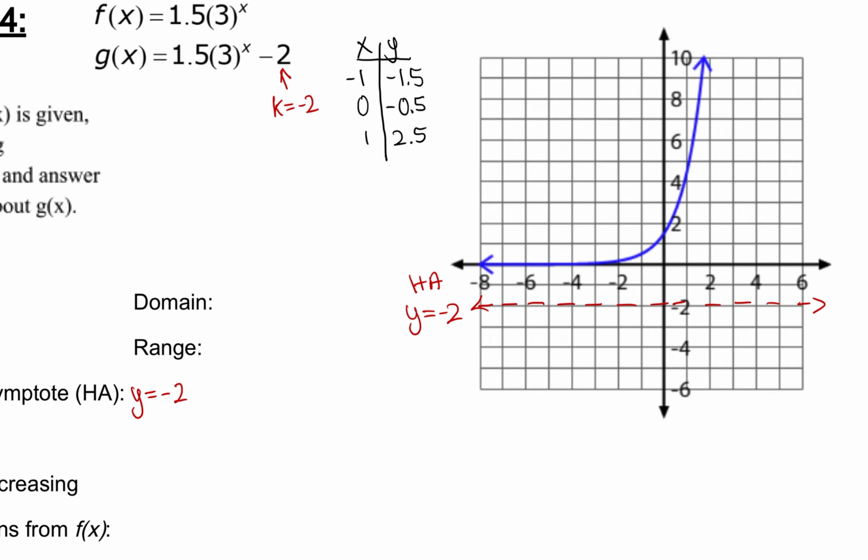From there, I will then plot these points. I have -1, comma, -1.5 located approximately right here. I have 0, comma, -0.5, which is the y-intercept located right there. I have 1, comma, 2.5 located right here. And based on my graph from my calculator, I should have a graph that looks something like this.